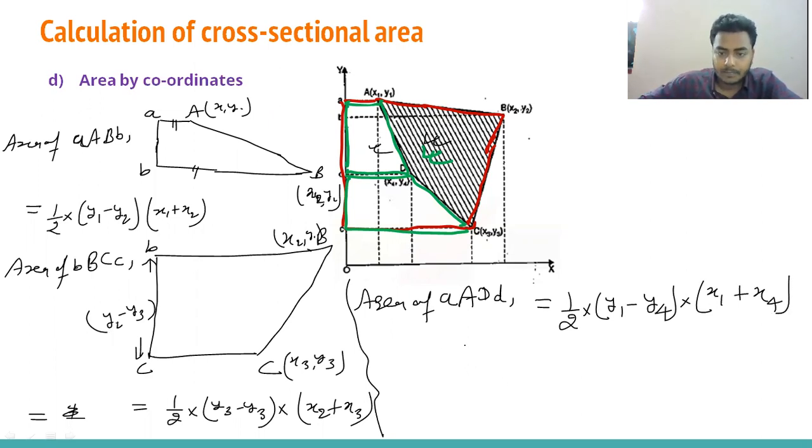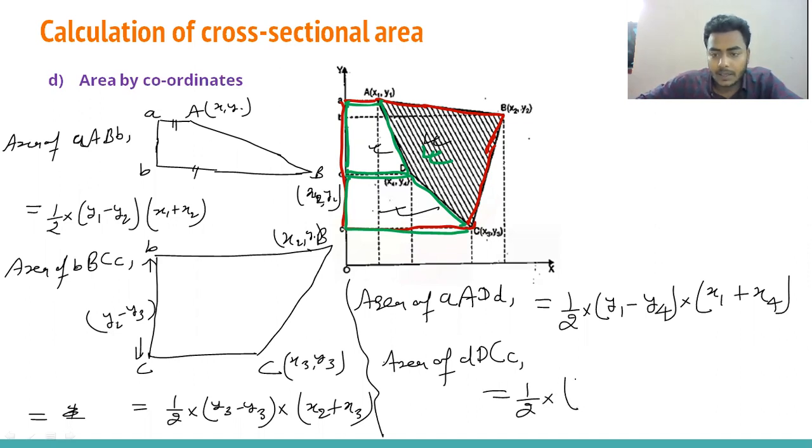And the area of this one, D, d, C, c: half into height y4 minus y3, into the summation of parallel sides, x4 plus x3.